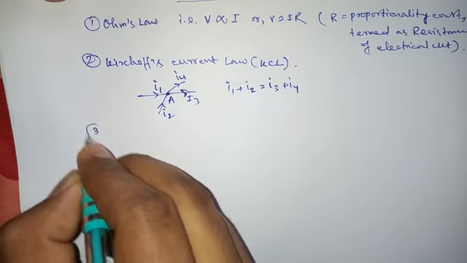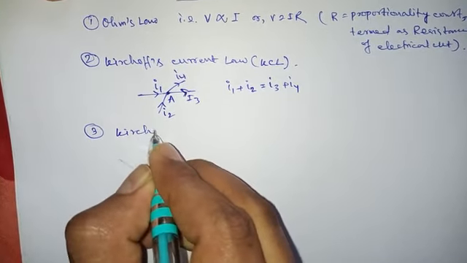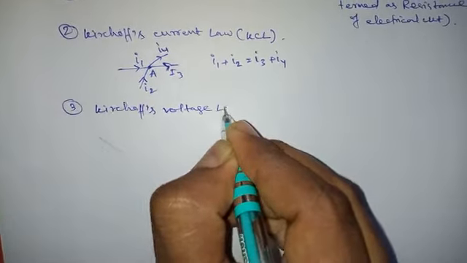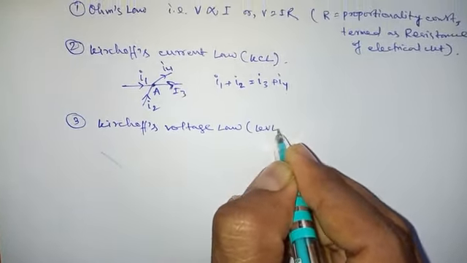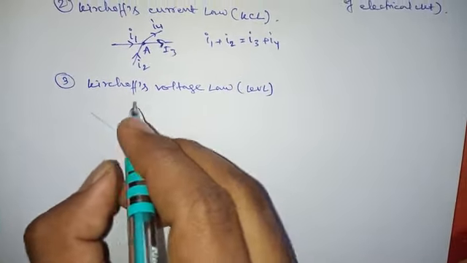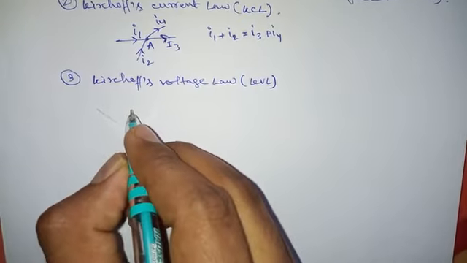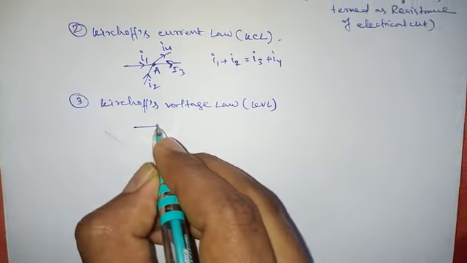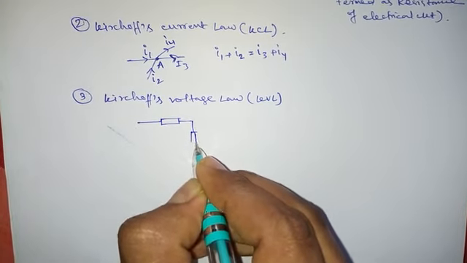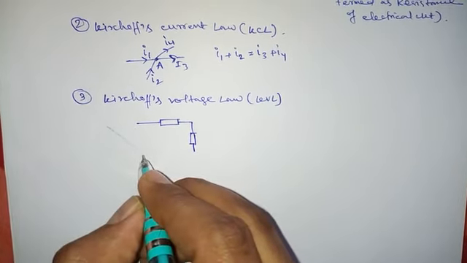And thirdly, Kirchhoff's voltage law, that is KVL. KVL states that the algebraic sum of all the sources present in a network is equal to the algebraic sum of all the drops present in that network.